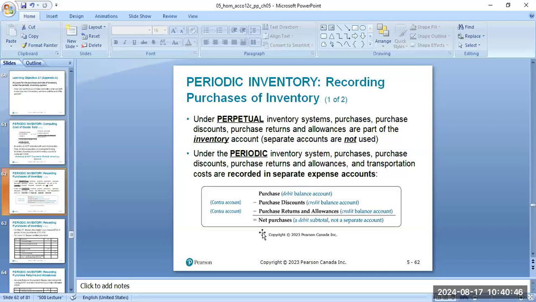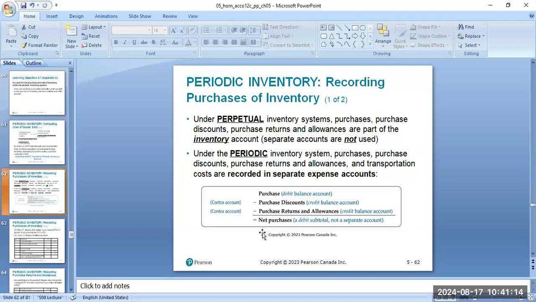Let's start one after another. Now, first, in the perpetual system, inventory, purchases, purchase discounts, everything is part of the inventory. In the periodic system, that's not the case. For everything, we're going to have a separate account. Purchases, we're going to keep in the purchases account.